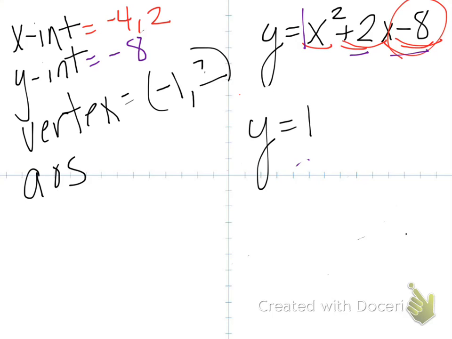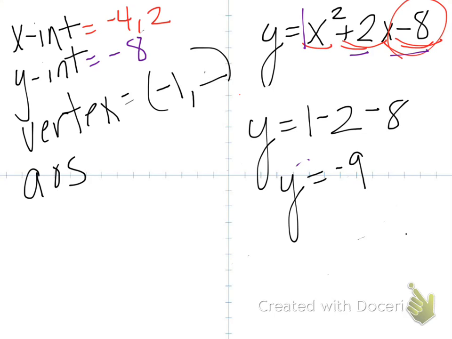It's 1. Plus 2x, what's 2 times negative 1? Negative 2. And negative 8. Then I put those together. My y would be equal to 1 minus 2 minus 8. That would be 1 minus 10, which is negative 9. My y value would be negative 9.